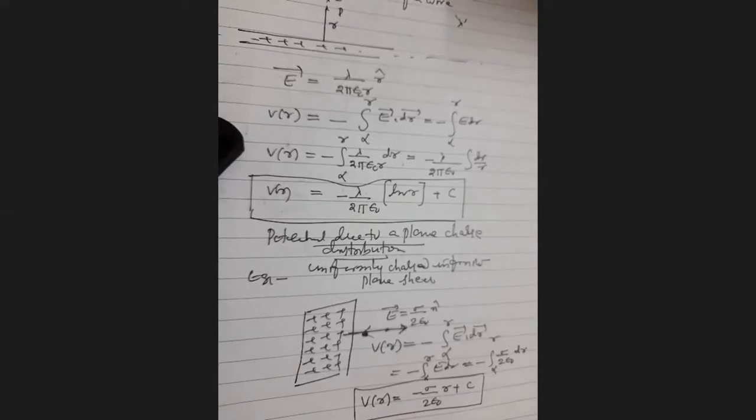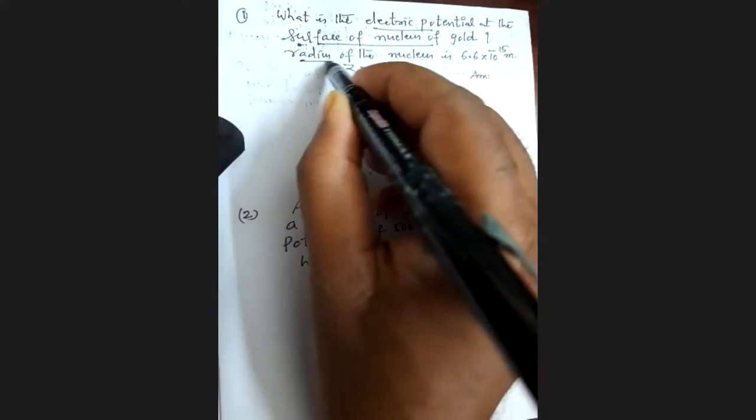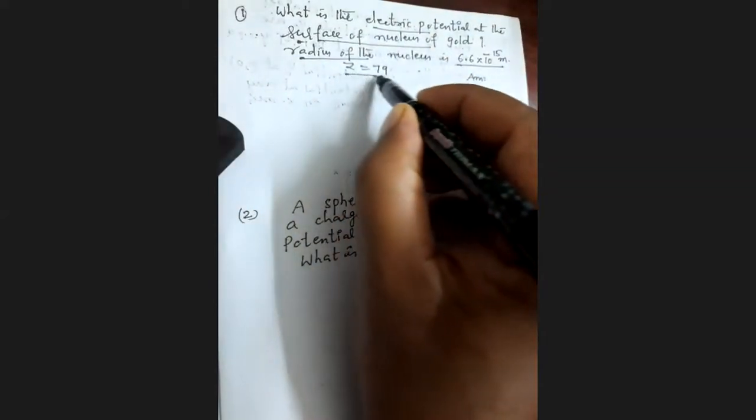Using this concept, let us solve some problems. The first problem: what is the electric potential at the surface of the nucleus of gold of radius 6.6 into 10 power minus 15 meter? The atomic number of gold is 79.